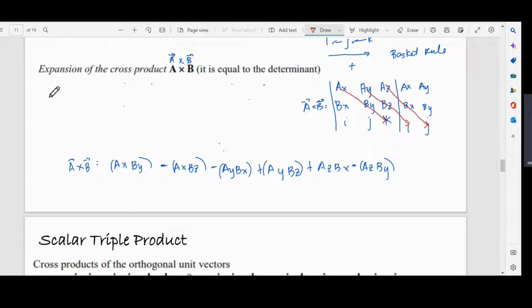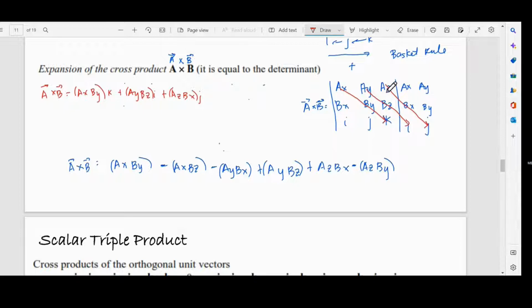So, pag sinulat natin, we have A cross B. Magkakaroon ngayon tayo ng AX, BY, tsaka K. So, again, yung K natin will determine the direction. Plus AY, BZ, tapos I. Plus AZ, BX, tapos J. Okay. So, dine-determine lang yung directions. And then, lahat nito is plus. Kita nyo, plus yan, plus.